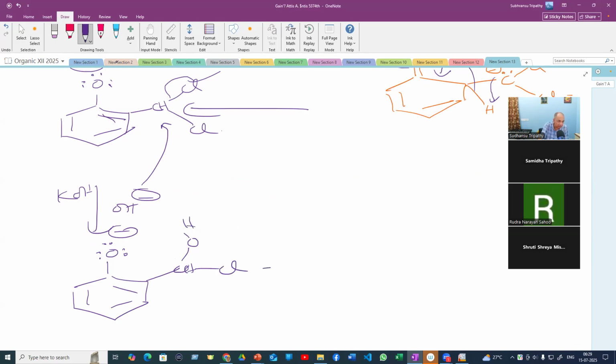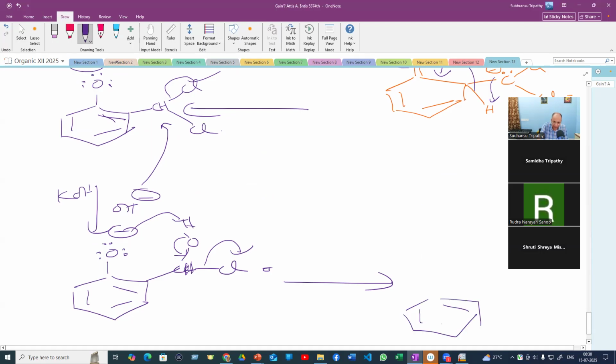So OH will come, and of course H is already there. Now simply proton transfer, with the formation of a double bond to O and removal of Cl minus, all taking place in one go, and we get our compound with OH and CHO. So that is the third mole exactly.